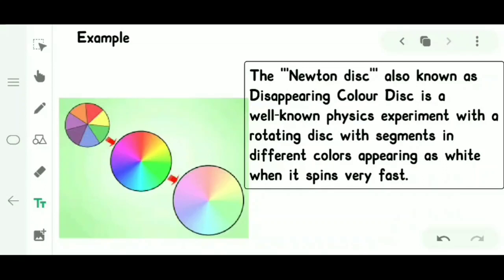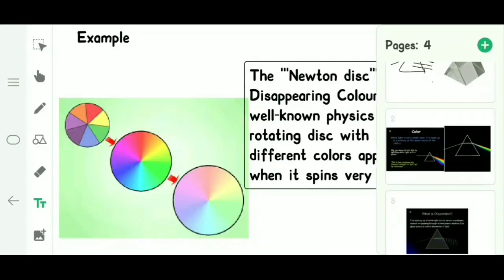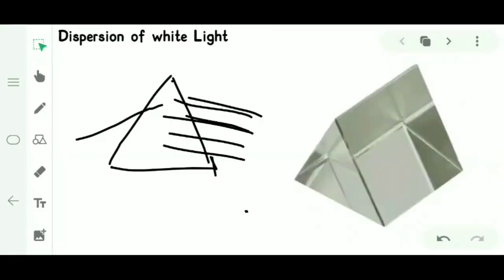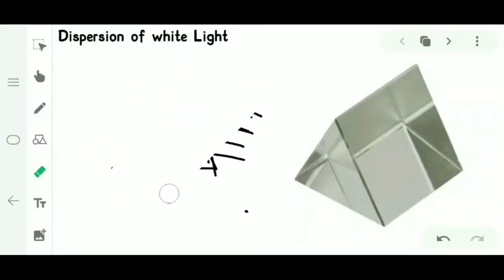But here we have to know which color will come first. In the rectangular glass slab we can see that the red one comes faster. Why? Because the velocity of red light is higher, and the wavelength of red light is very high. That's why we can say that first red light comes out and last is violet.